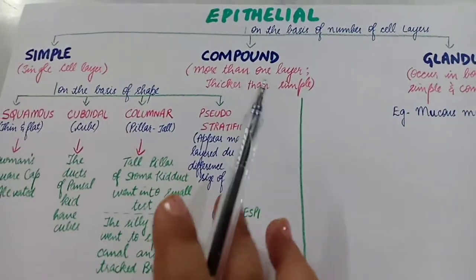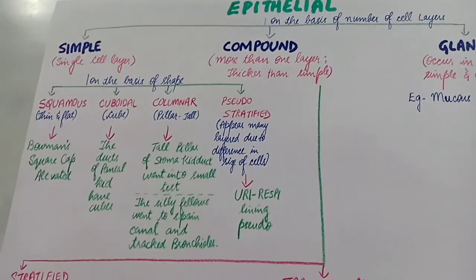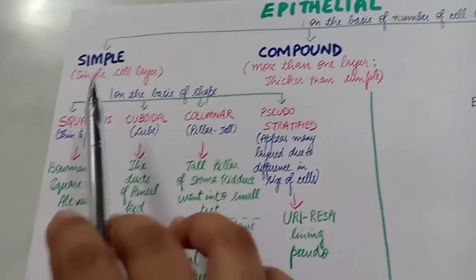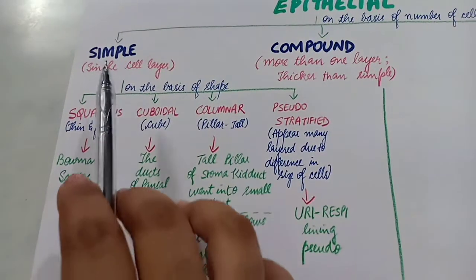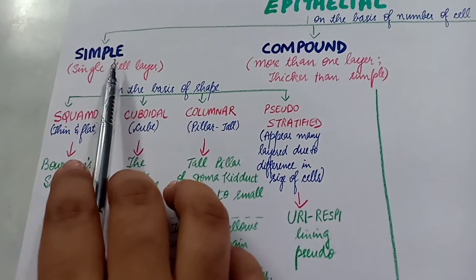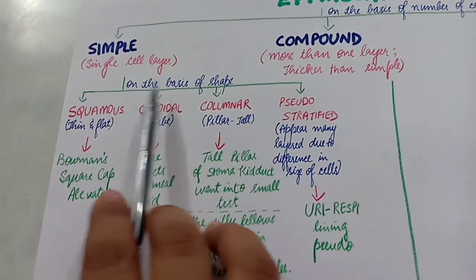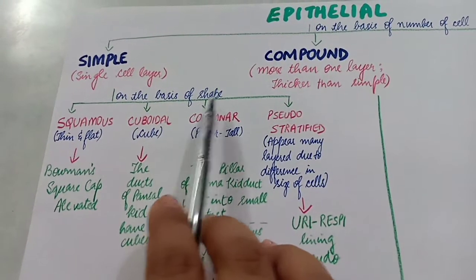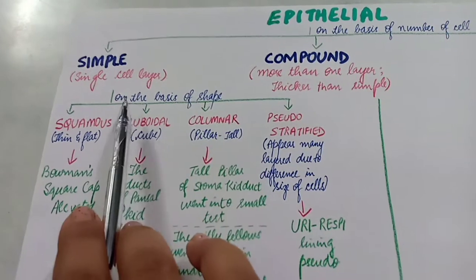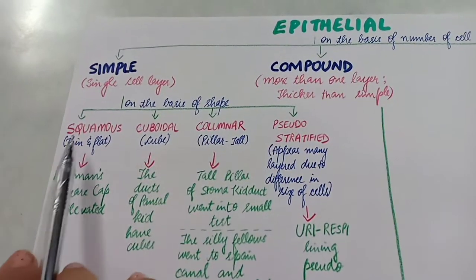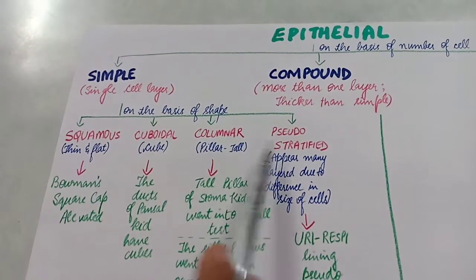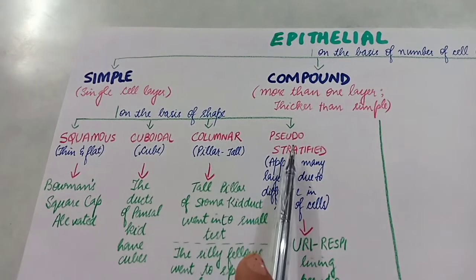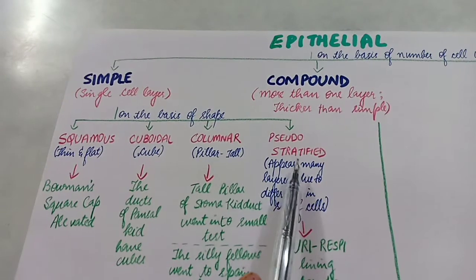So now let's go on one by one. First we will see how to learn the examples of simple and its types. Now this simple epithelial tissue can further be classified on the basis of shape. On the basis of shape of what? Of cells. On the basis of shape of cells, it is classified into four further subtypes: squamous, cuboidal, columnar and pseudostratified.